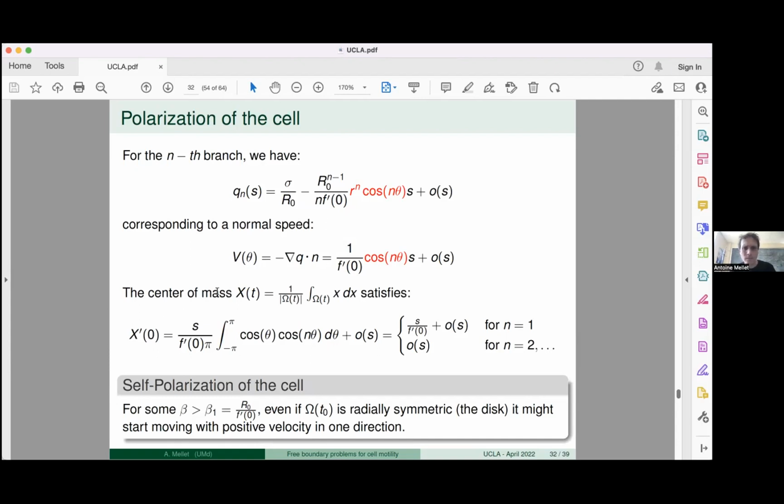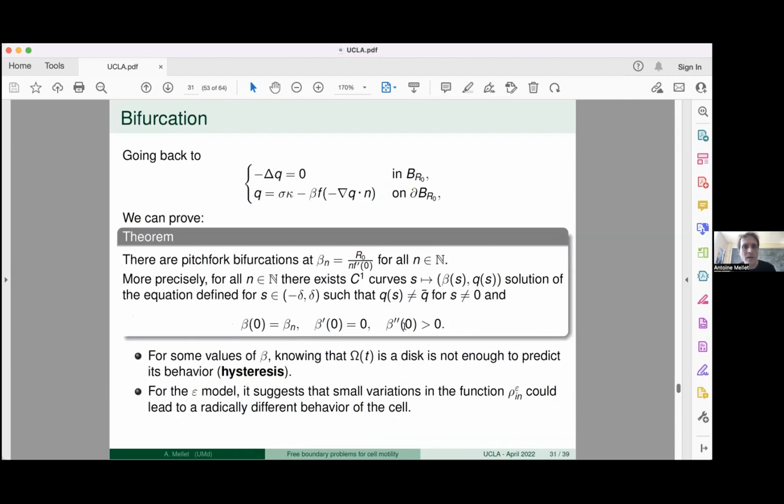But if you look at the center of mass, the derivative of the center of mass in time is going to be, according to this, at the first order in s, nothing for n larger than or equal to 2, but it's something for n equal 1. Now, this is interesting. If you look at the value of beta, you see that I have a decreasing sequence of beta n for which I have those bifurcation points.